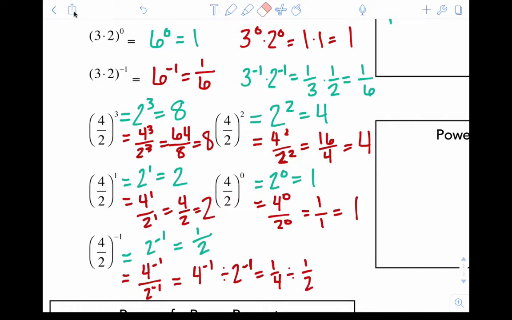And then when I'm dividing fractions, I'm actually multiplying by the inverse. So I get 2 over 4, which simplifies to 1 over 2. So even though that was a lot more steps, it still works out for negative exponents.